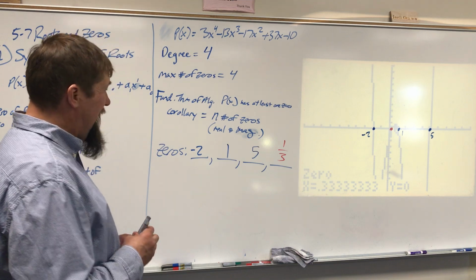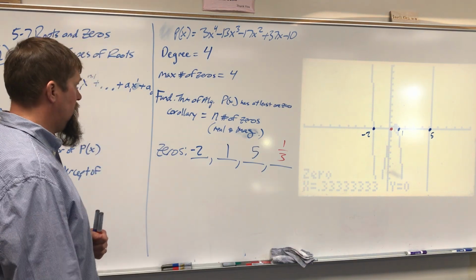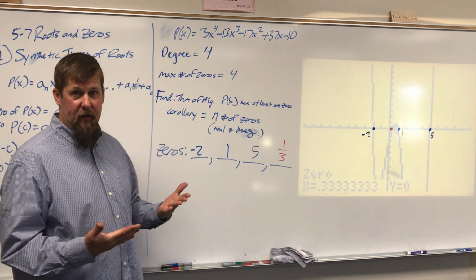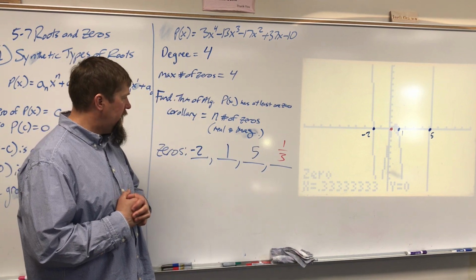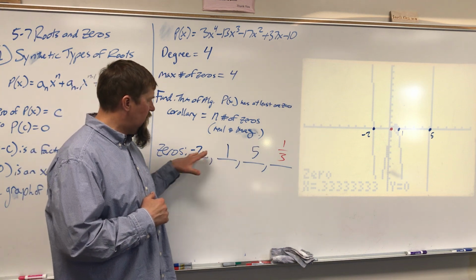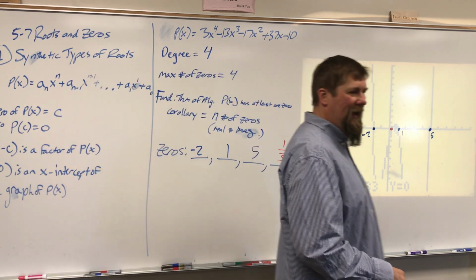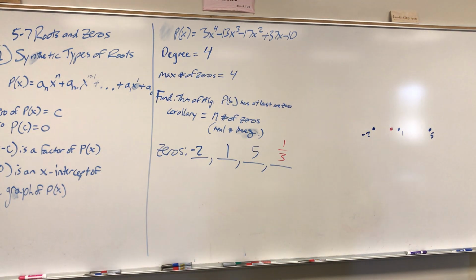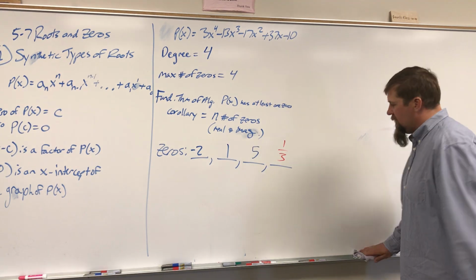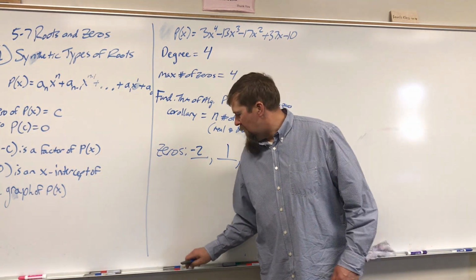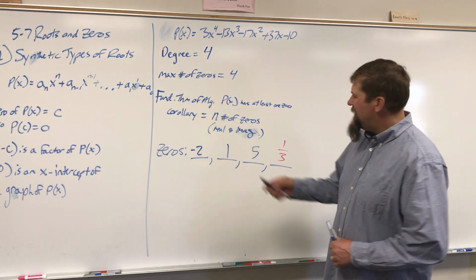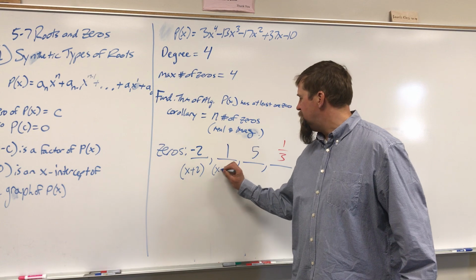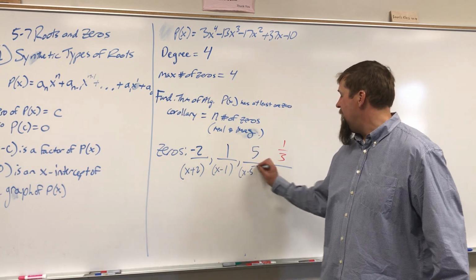Now, there are other ways of doing this besides using the calculator, and that is using factoring. Since we used the calculator to know that these 3 zeros are there, what we can do, and you're going to be doing this more than you think, is use what we talked about last section and divide out the factors: x plus 2, x minus 1, x minus 5.